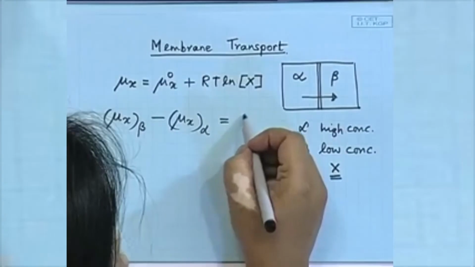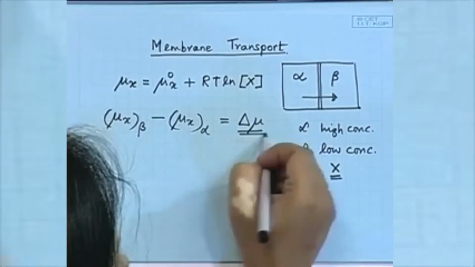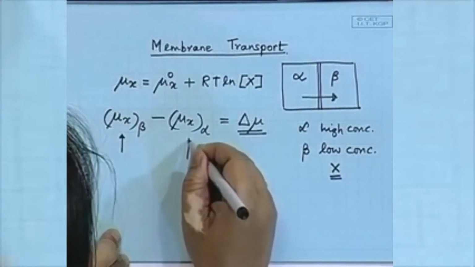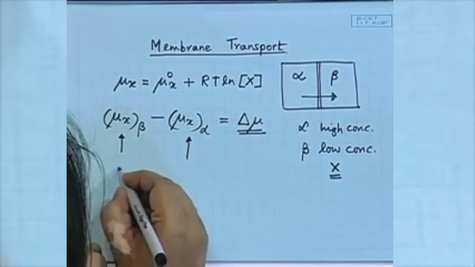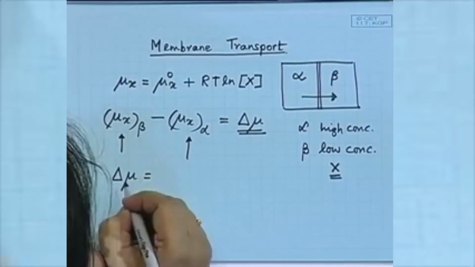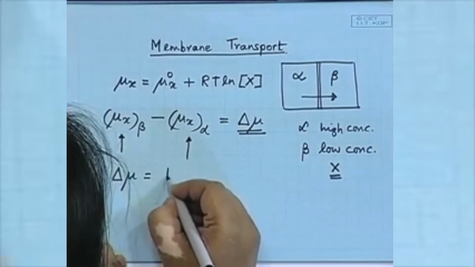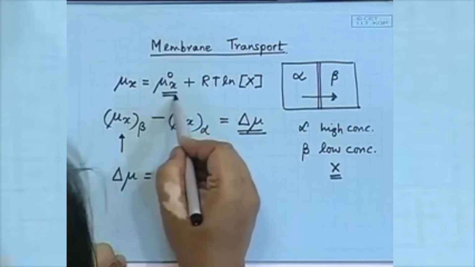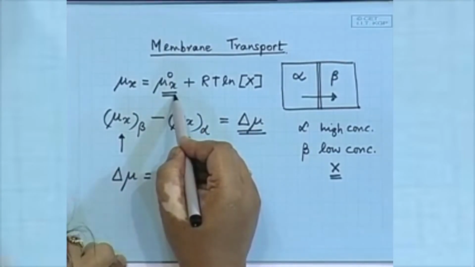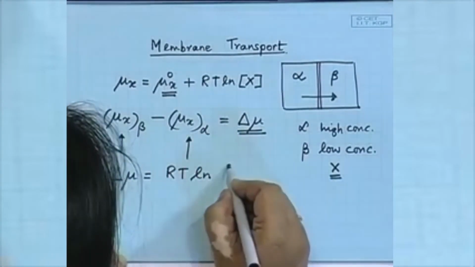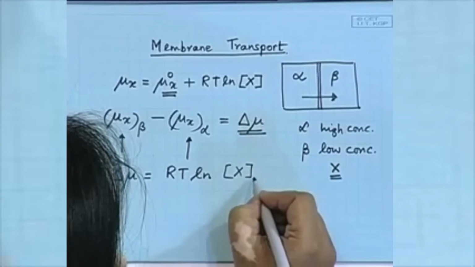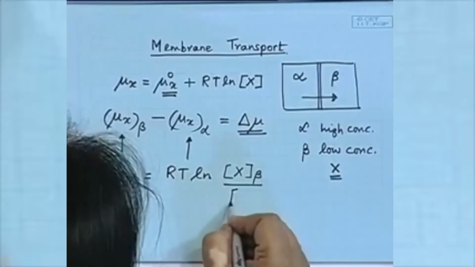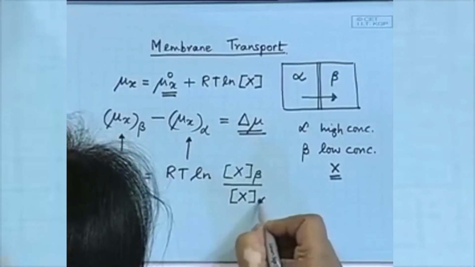That is going to give us our delta mu. If we write this out for beta and for alpha, the delta mu associated with this is going to be RT ln, because the mu 0 terms cancel out since we are speaking about the same solute X. So, we have RT ln of the concentration of X on the beta low concentration side over the concentration of X on the alpha side.